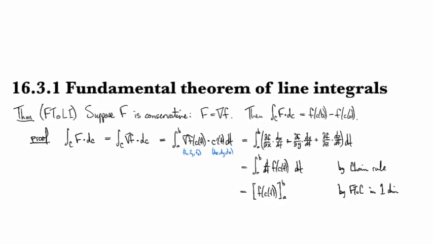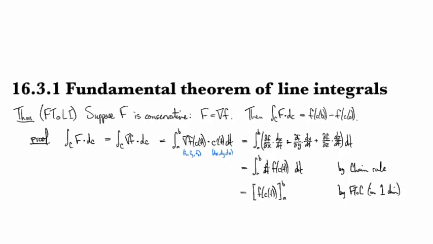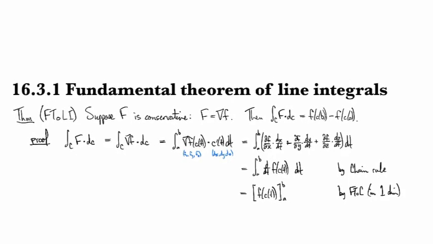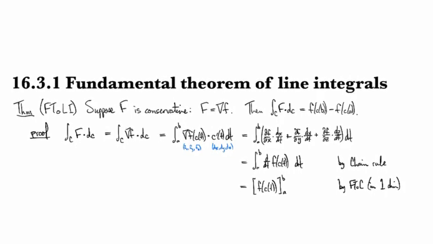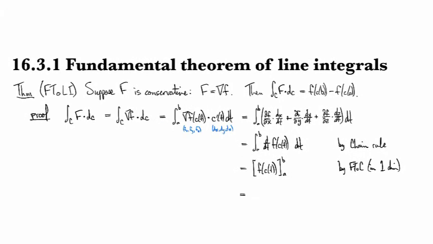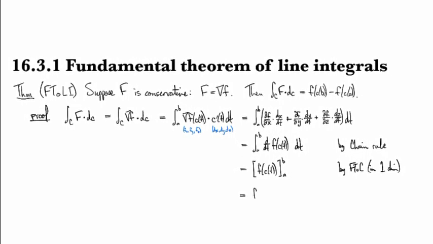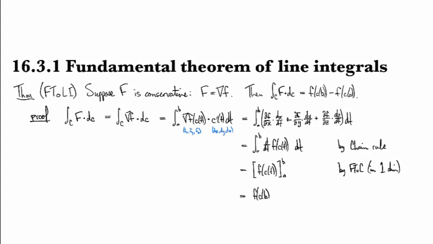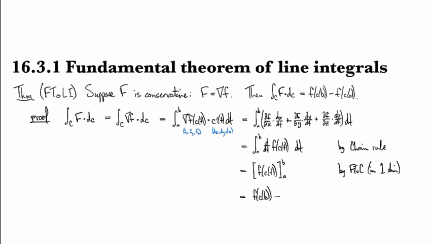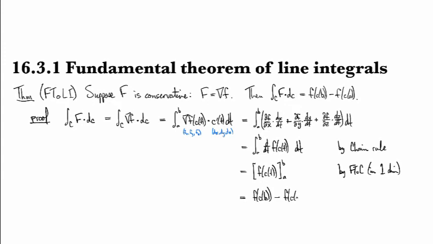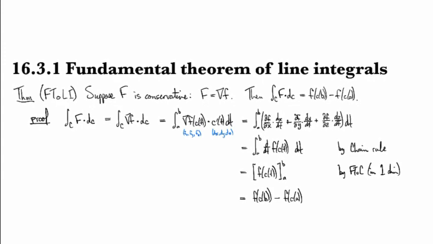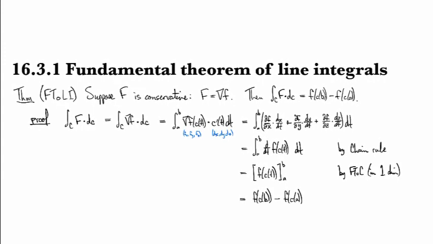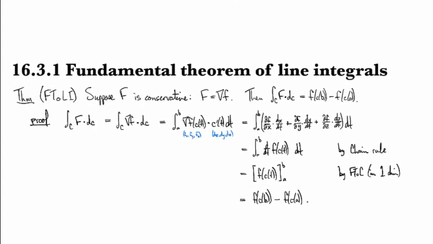So that's by the fundamental theorem of calculus in one dimension from your previous calculus course. And then we just evaluate this function across the endpoints. So we have f of c of b at the end of the curve, and f of c of a at the beginning of the curve. There we go. So that solves our theorem.